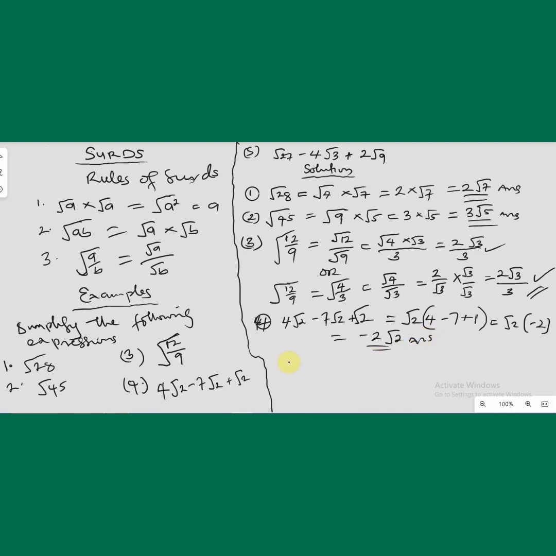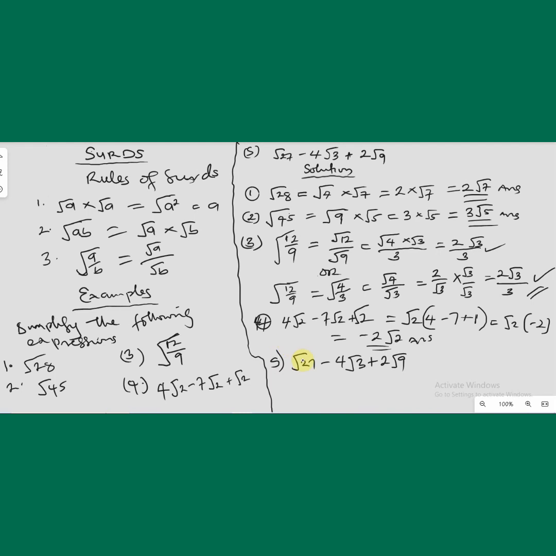So I have the fifth one, which is simplify square root of 27 minus 4 square root of 3 plus 2 root 9. So I'm going to do the same here. Remember that square root of 9 is 3.